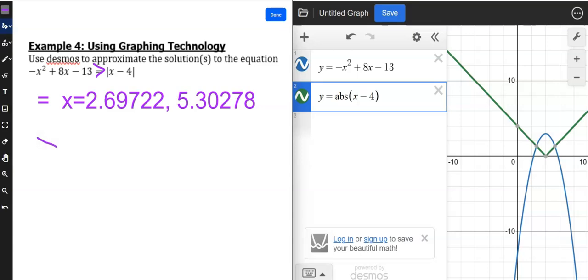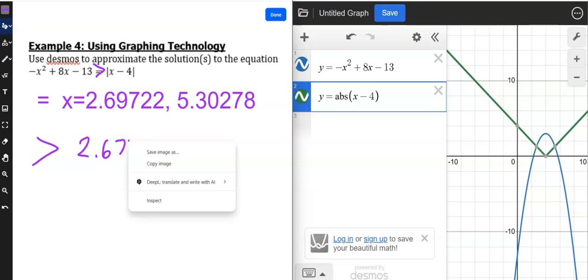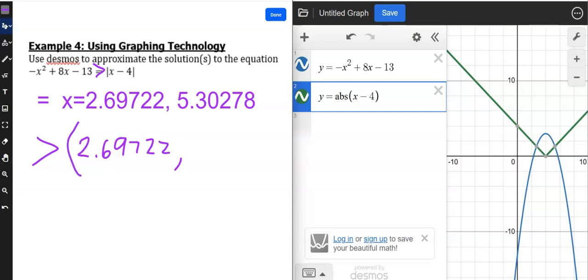So if we're dealing with the greater than situation, then my answer would be an interval. And in this case, it would be from 2.69722. And yes, folks, I'm being a little dramatic by carrying that out with 17 decimal places. We could have just done like 2 and that would have been fine.